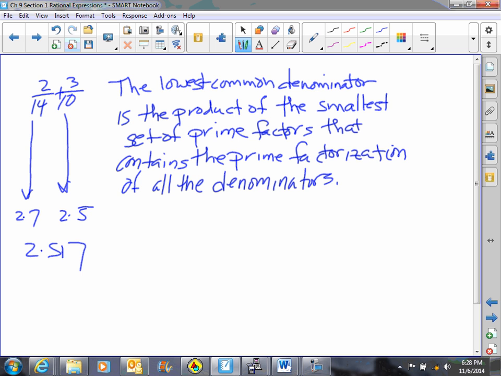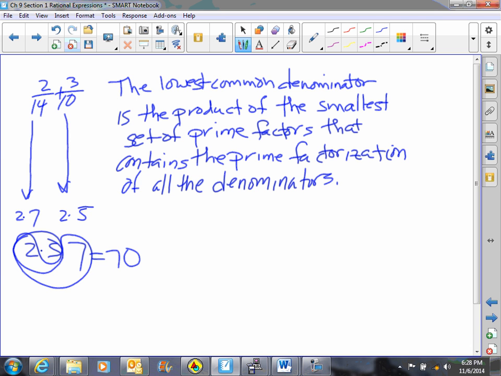Notice, here's 2 times 5, which is 10, and here is 2 times 7, which is 14. So 2 times 5 times 7 is 70, and that is the lowest common denominator of 2 14ths and 3 tenths.